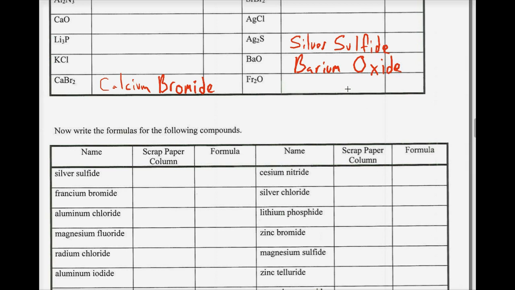It's a little bit more difficult, and it always is, to get from the name to the formula. For that reason, we actually have this scrap column. We already did silver sulfide. Picking up one, I'm going to say aluminum chloride.